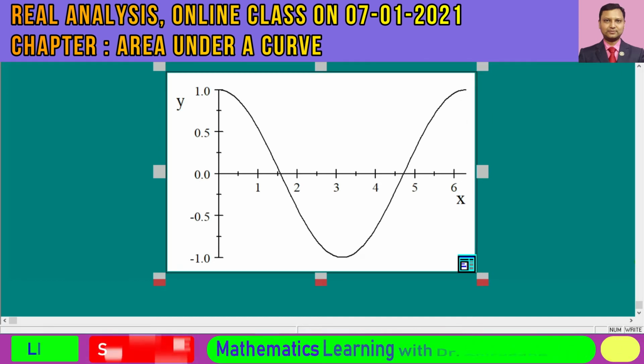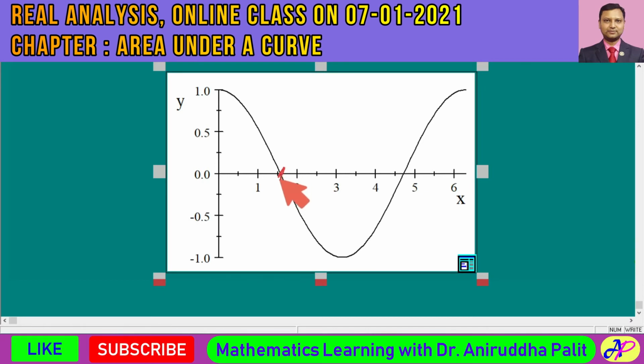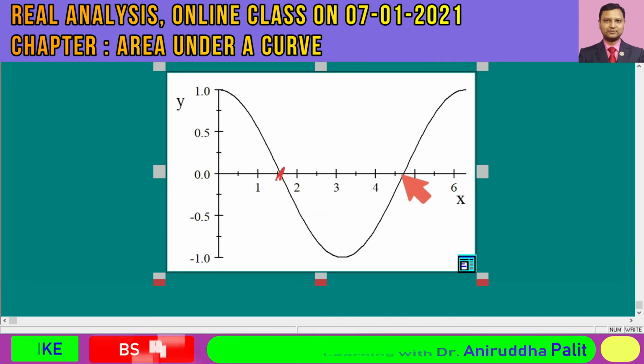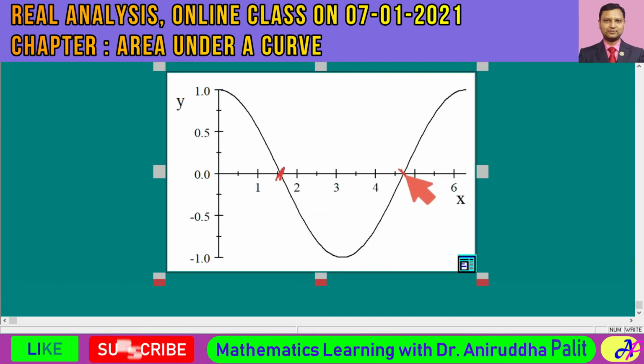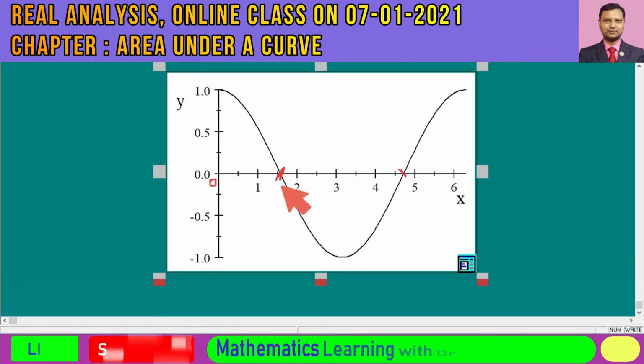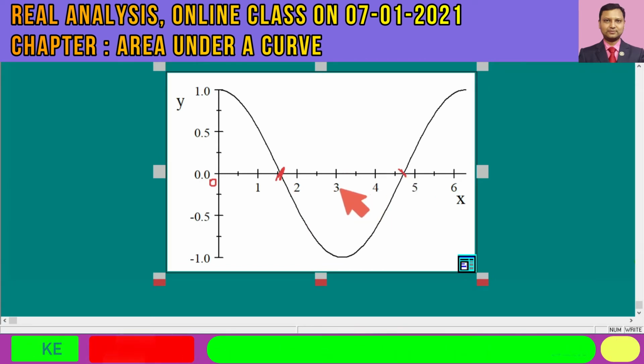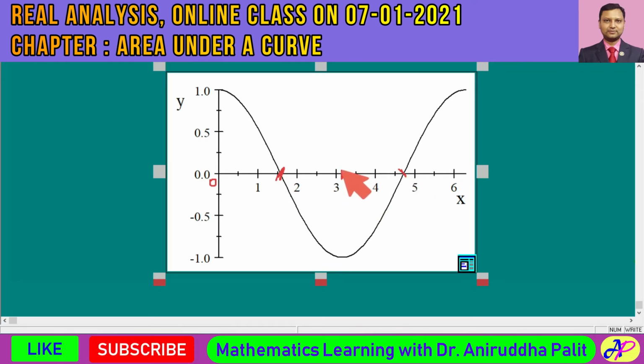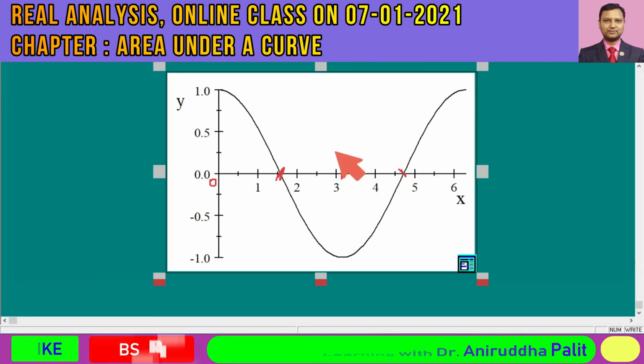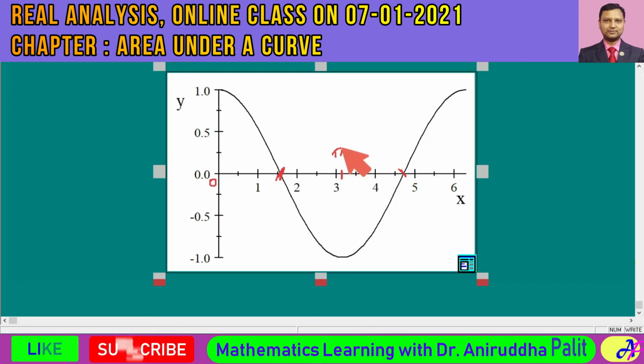Now, suppose you want to find the area. This would be x equal to 0, this is pi by 2, this is 3 pi by 2, and somewhere over here, 3.14, this is pi.